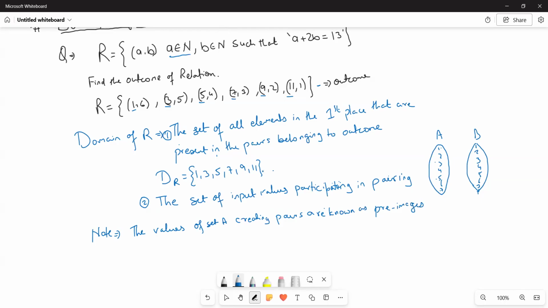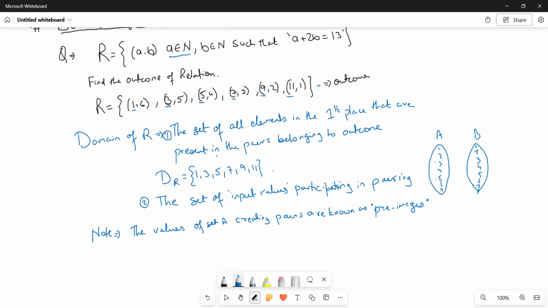They say 1, 3, 5, 7, 9, 11. These elements that are participating in pairing are known as pre-images. And the complete set of pre-images is what is referred to as the domain. Although we call them input values, the technical term for input values is pre-images.